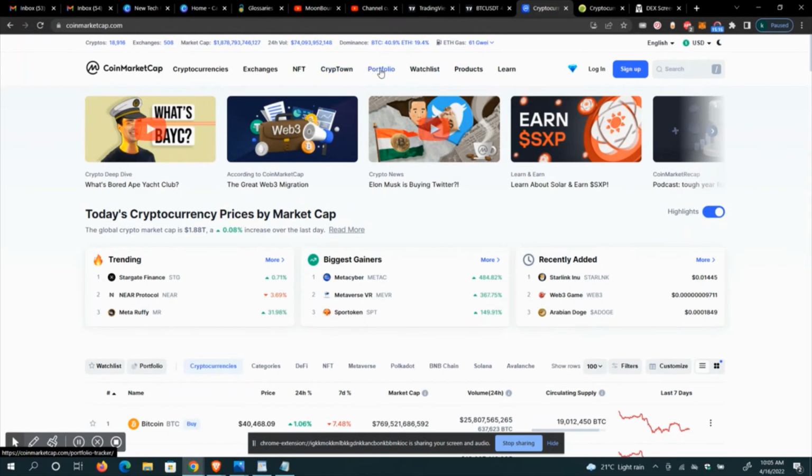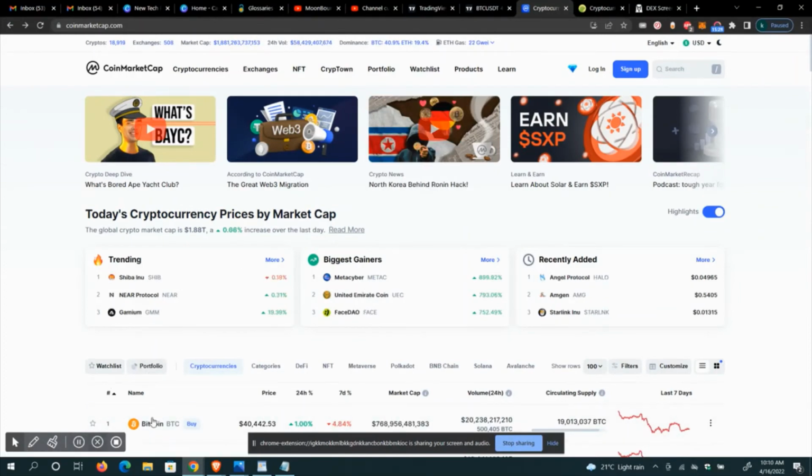Let's say a coin is just released into the market. CoinMarketCap is a platform that shows you those new coins that have just gotten into the market. So, like I was saying, CoinMarketCap is a very detailed platform.